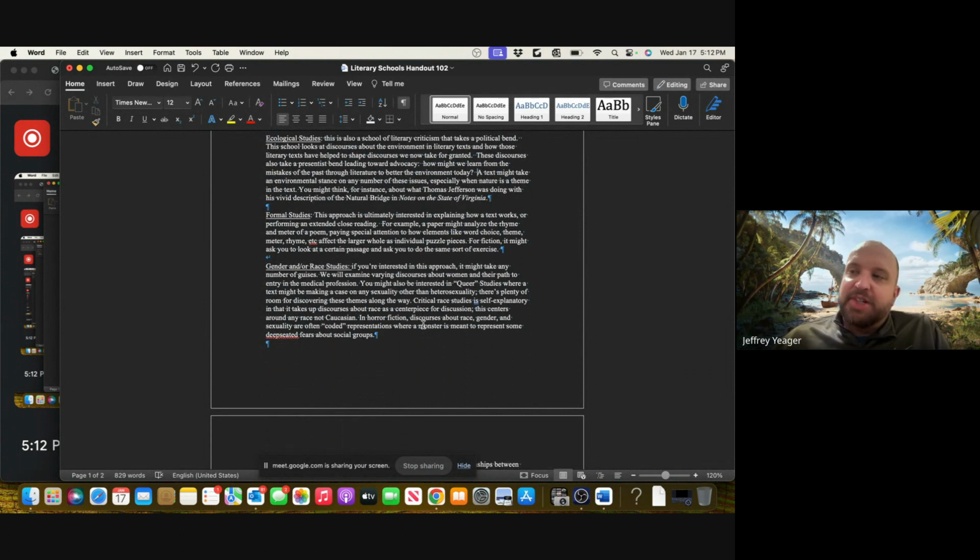A formal approach to literature is what I was mentioning earlier in the lecture about scholars in the 1940s, 1950s. This is when you use literary terms to talk about literature. So oftentimes, for instance, you would look at the rhyme and meter of a poem.